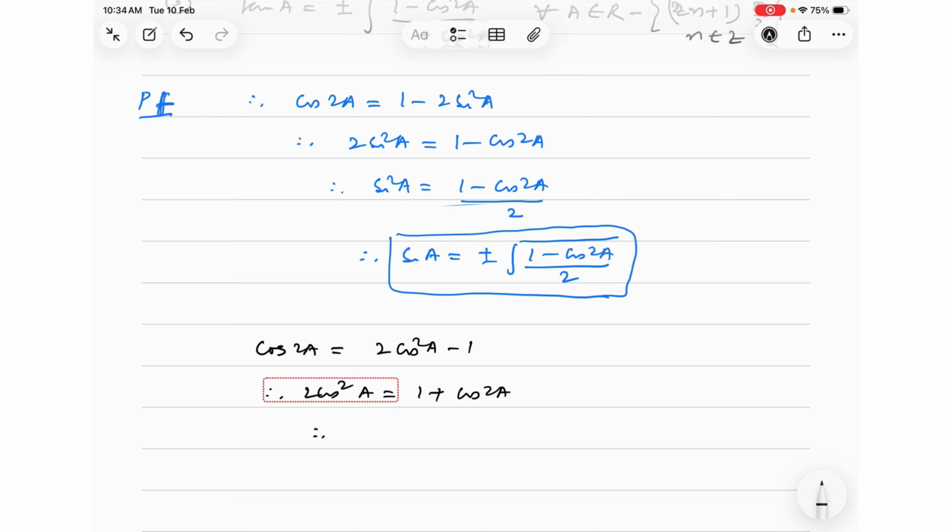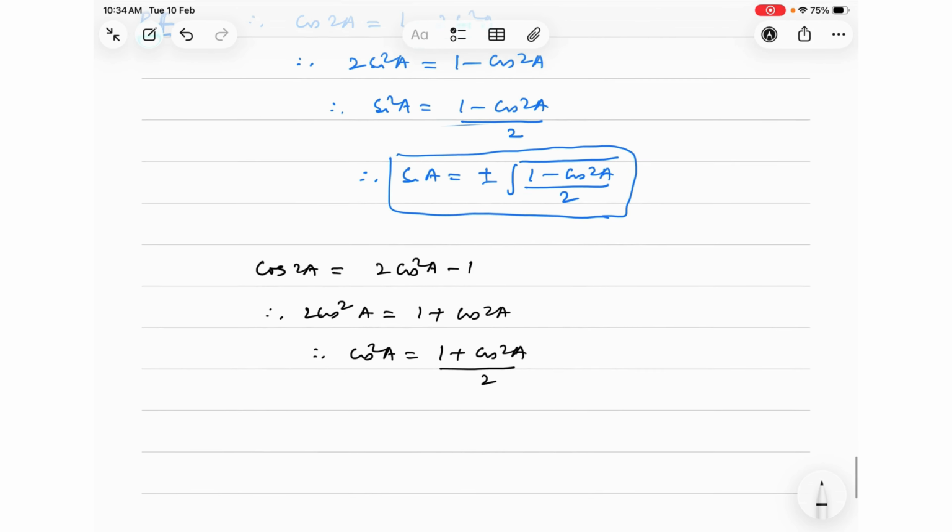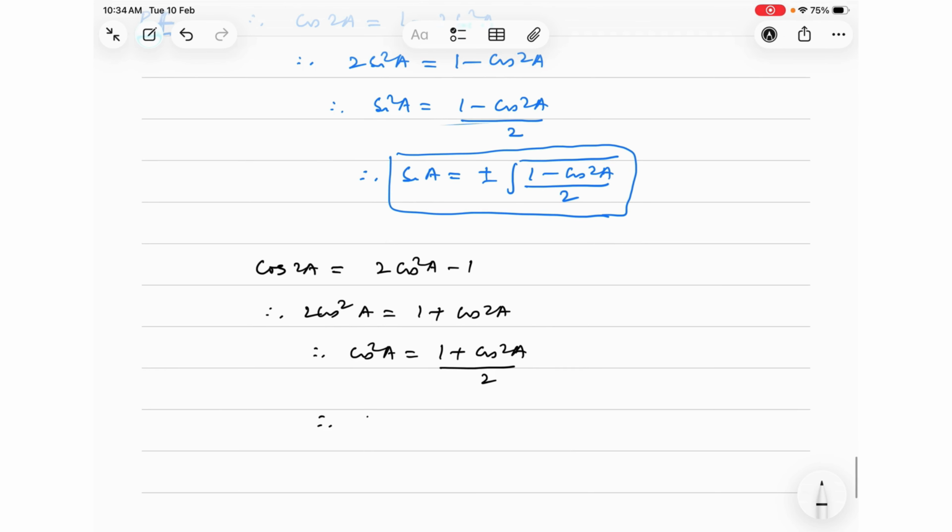Therefore, cos square A is equal to (1 plus cos 2A) by 2. Therefore, cos A is equal to plus or minus root of (1 plus cos 2A) by 2. This is your second result.